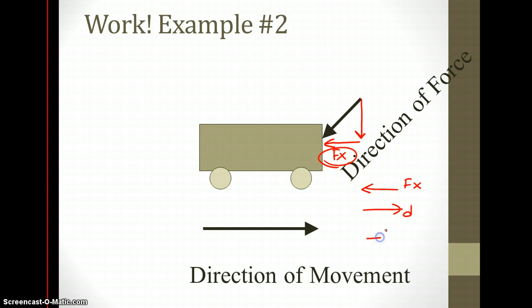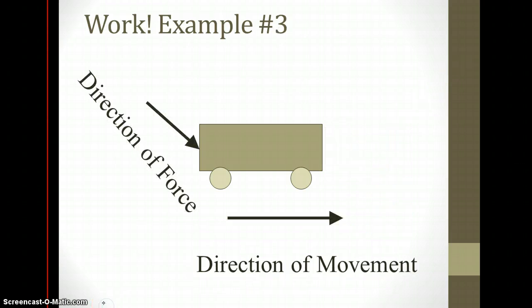In this situation, we would see that we have a negative work that is being done. This could be something like the wagon here is rolling towards you, it's moving towards you, and you try to go to stop it. You are going to be doing negative work to this actual object.